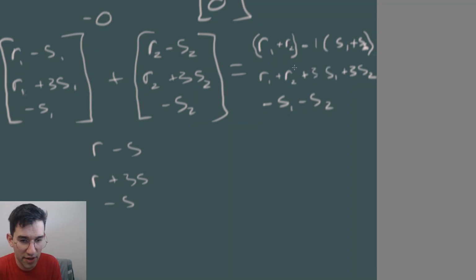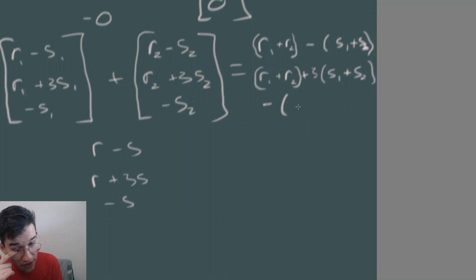We can group these terms. We can factor out a 3 here, so we get 3 times S1 plus S2. And for this one, we can factor out a -1. Let's just leave it as a negative sign. Let's do that with both of them. We factor out the -1, we get S1 plus S2.